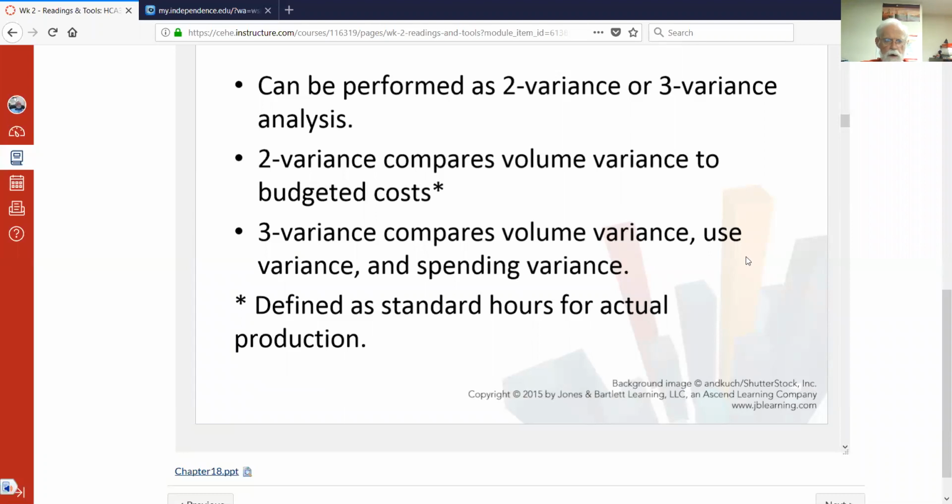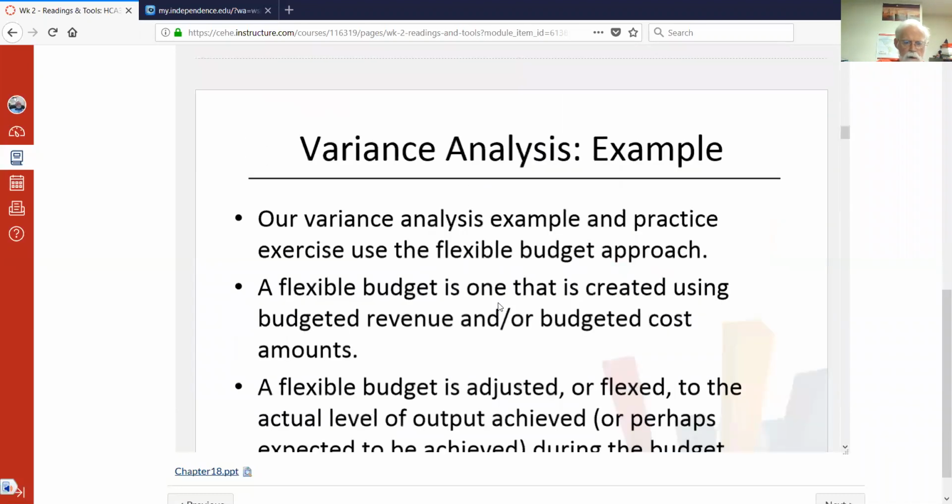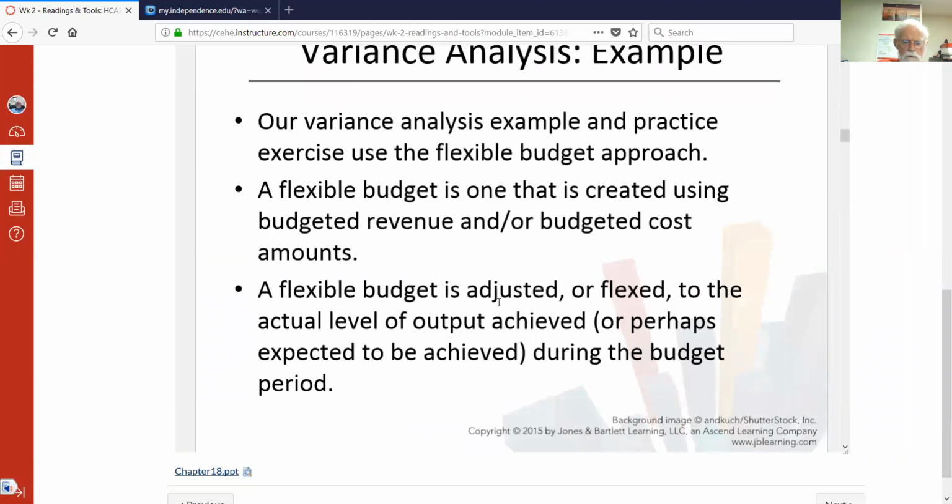We may compare everything to volume, use, and spending. We might compare all of them and use that as a means of looking at what happened in the budget. The purpose of variance analysis is what happened and what can we do about it.